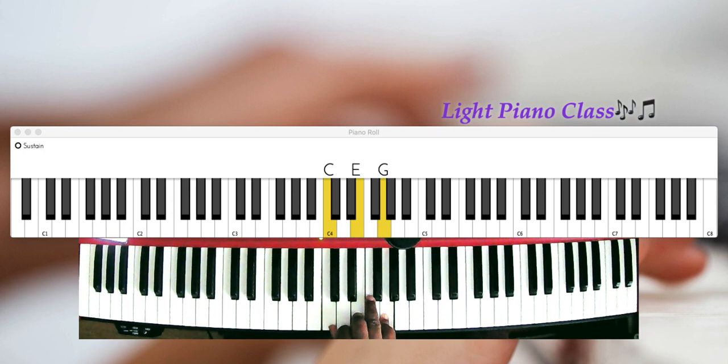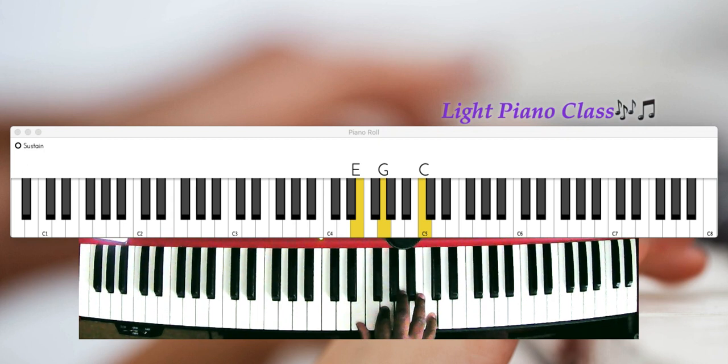If we take key C, this is the root position for key C. To get the first inversion, you just move the C, the lower note, to a higher octave. So this is the first inversion because this is key C, but this is the higher octave of this. So we move this to the top here, and we get our first inversion.